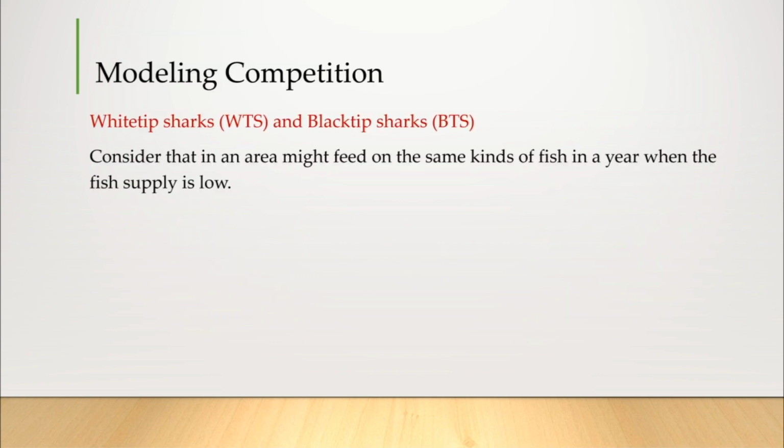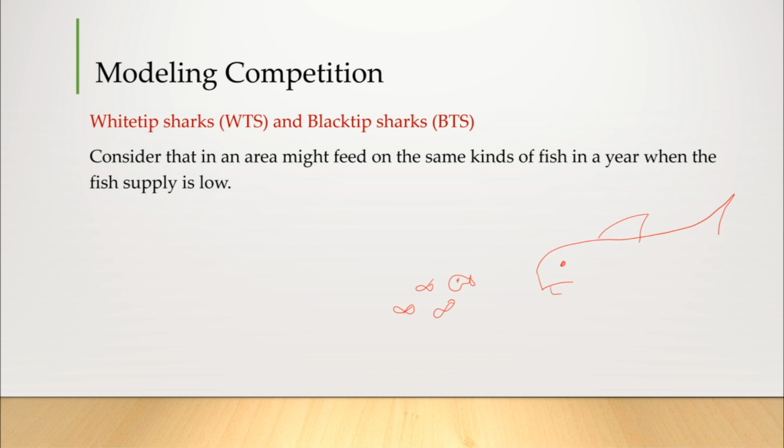In this case, we are going to look at interspecific, which means two different species in the same area fighting for the same kind of fish. As a little image for this example, you will have little fish like this, and then we're going to look at sharks.